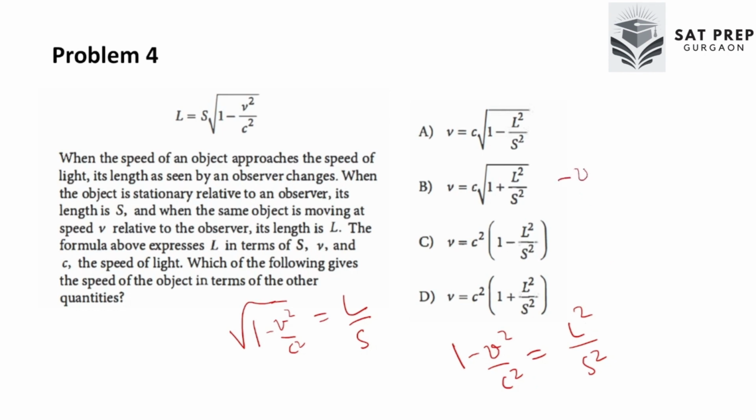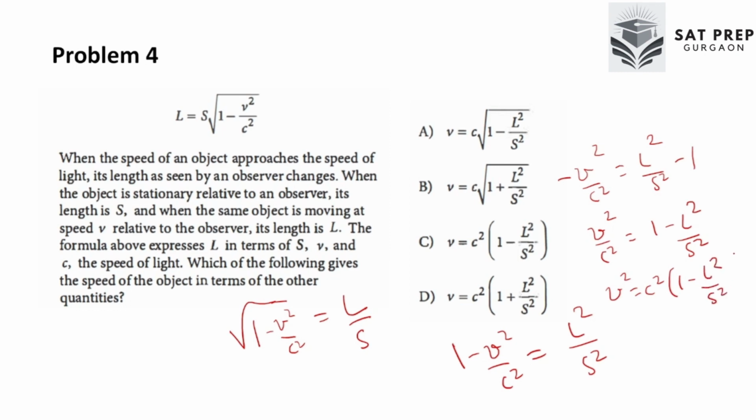So minus V square by C square is L square by S square minus 1, right? We subtracted 1 from both sides. Let's flip the negative sign first. So V square by C square is 1 minus L square by S square. And then let's take C square to this other side. So V square is C square into 1 minus L square by S square.